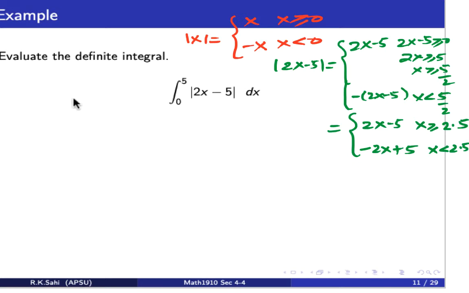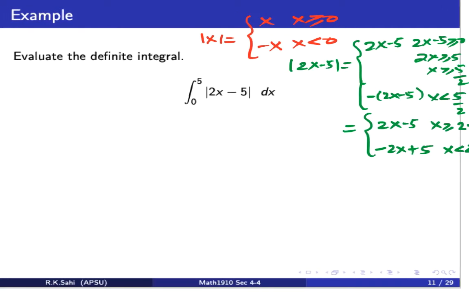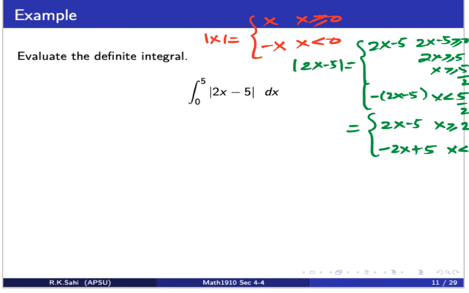Now, if you remember from your integral rules, and I'm just going to write this down as a reminder, if you have the integral from a to b of f(x) dx, you could write this as the integral from a to c of f dx plus the integral from c to b of f dx, where c is a value in between.